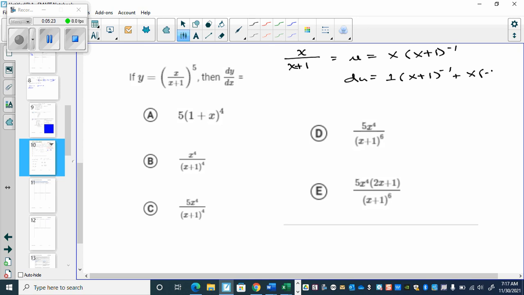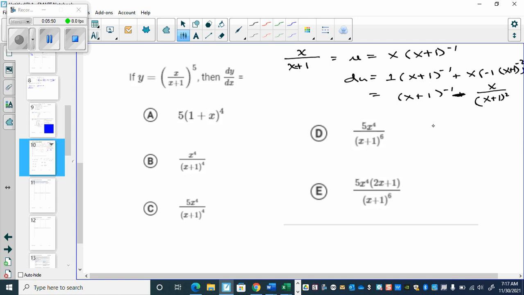So negative 1 times x plus 1 to the negative 2. Simplified, that's x plus 1 to the negative 1 minus x over x plus 1 squared.